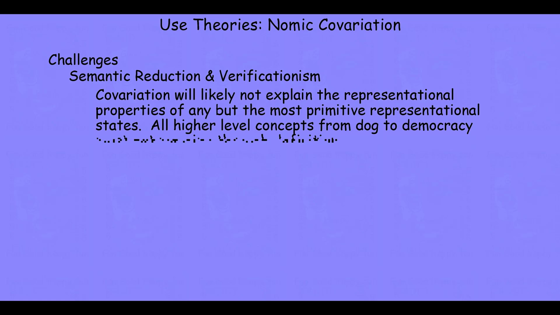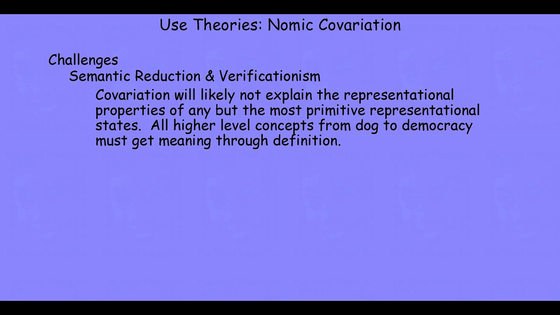The idea here is that when you look at all the examples that I pointed to from cognitive science, of contents plausibly being assigned to individual states on the basis of those states co-varying with features in the world, those were all basic perceptual features. Edges, the wavelength of light that's getting recorded, the absence or presence of a face, and so on. Detractors of gnomic covariation suggest that those sorts of features are about as high up as you can go, that covariation will likely not explain the representational properties of any but the most primitive representational states.